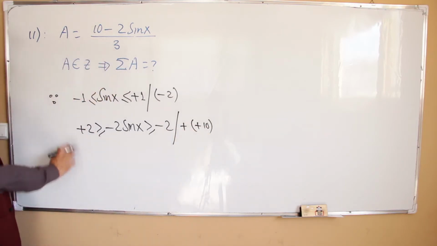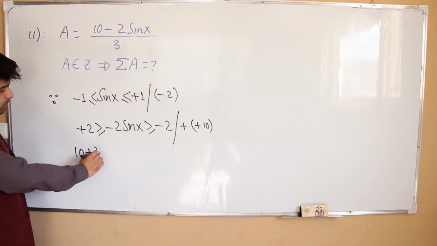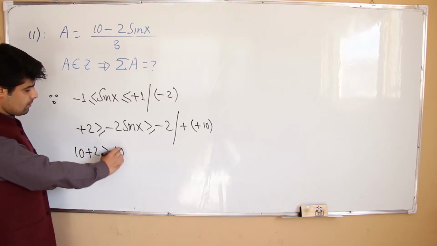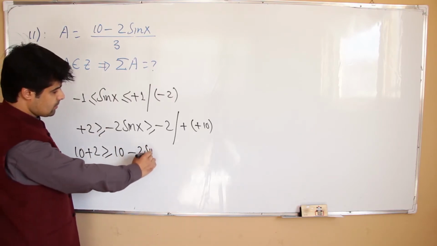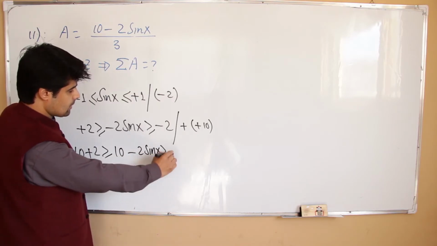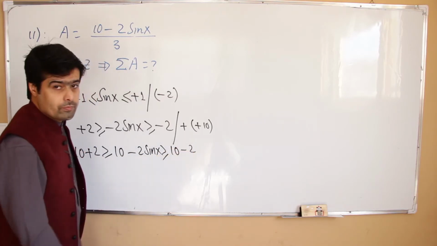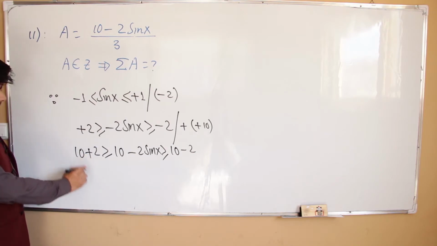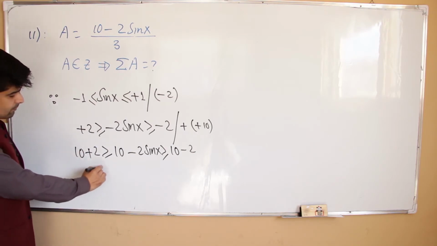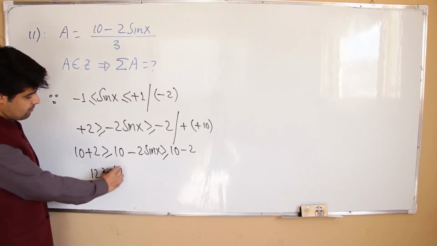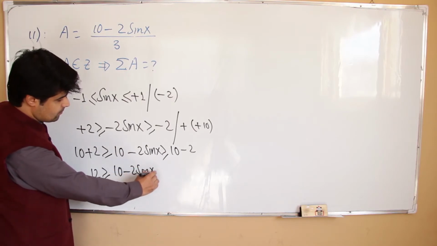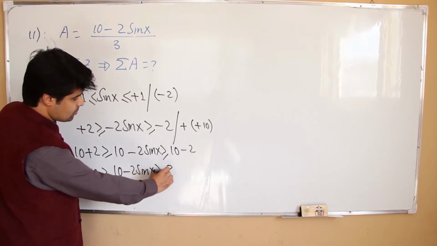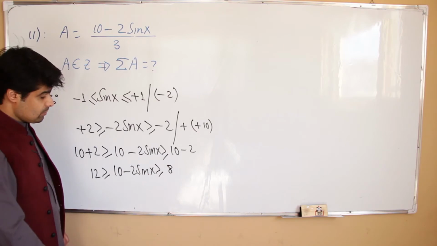So what do we have? 10 plus 2 is 12, it's 10 minus 2 sine x, and 10 minus 2 is 8. Am I right or not?